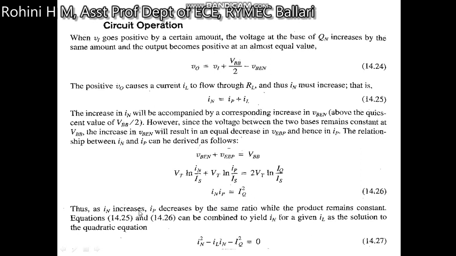So thus IN increases, IP decreases. When the current IN increases, the IP current decreases by the same ratio, while the product, that is IQ square, remains constant.